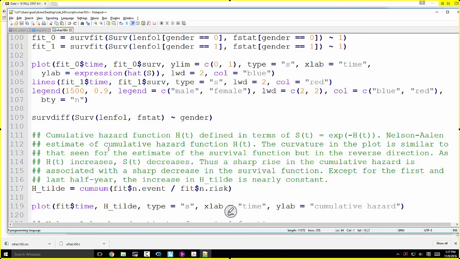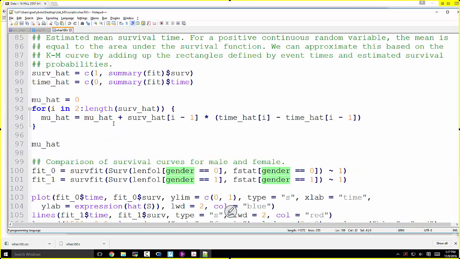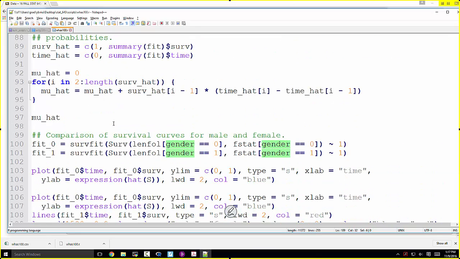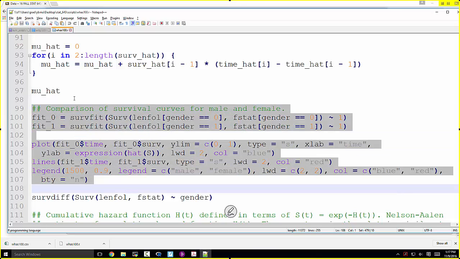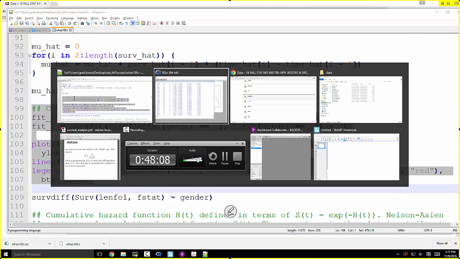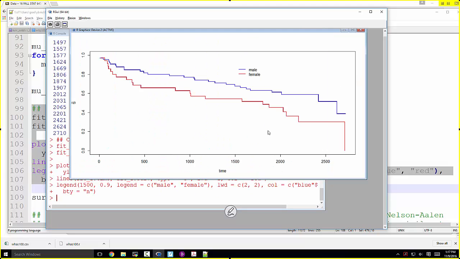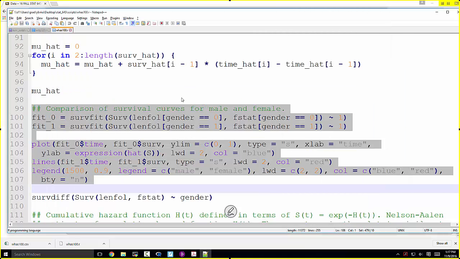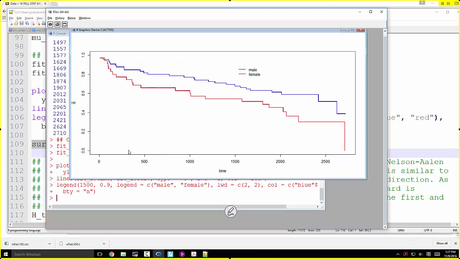This has another example of the log rank test, with here testing survival curve equality between genders. Let's look at what those look like. So here are survival curve estimates for males compared to those for females. And this is another obvious case where it's going to clearly reject the null hypothesis because they are clearly different.